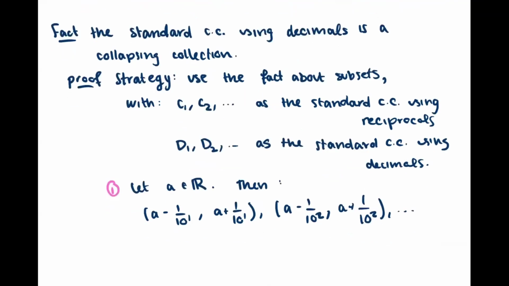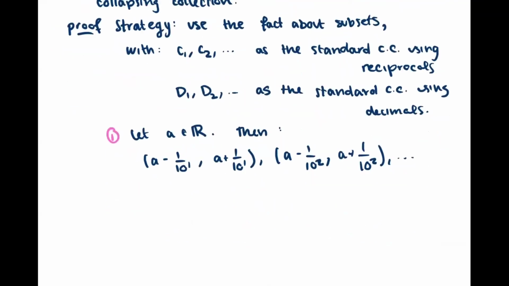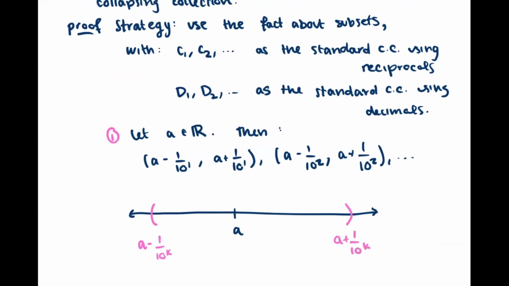I think we can make a similar argument as before with the drawing. If we have A, and this is our real number line, then the big interval will be given by A minus 1 over 10 to the K, A plus 1 over 10 to the K, and the little interval will be A minus 1 over 10 to the K plus 1 to A plus 1 over 10 to the K plus 1.